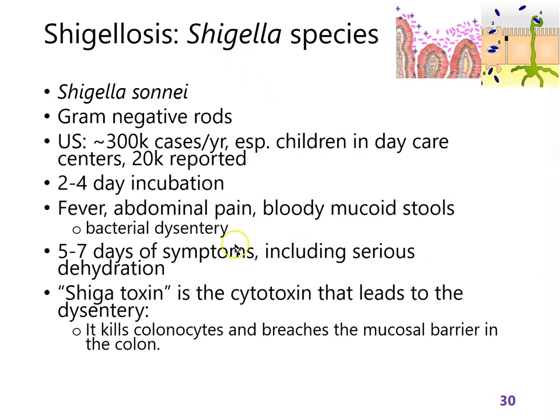Shigella is named after the shiga toxin, which is named after the city in Japan where it was discovered. Basically, these bacteria release a toxin that kills colonocytes, and in some cases, allows the bacteria to escape from the gut, but in others, it just creates a very bad inflammatory situation.